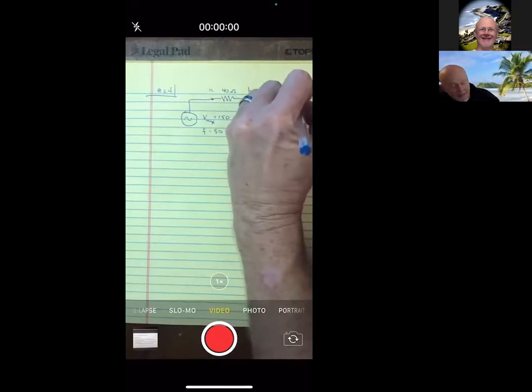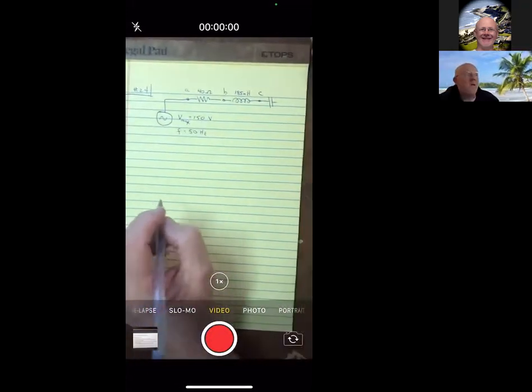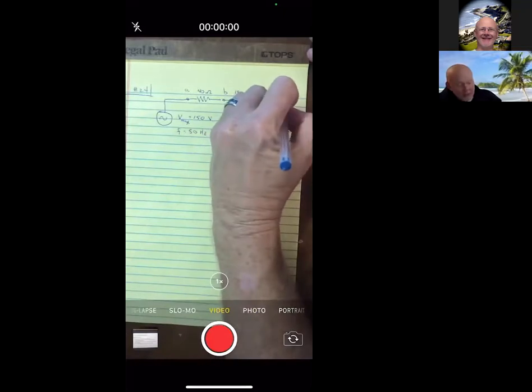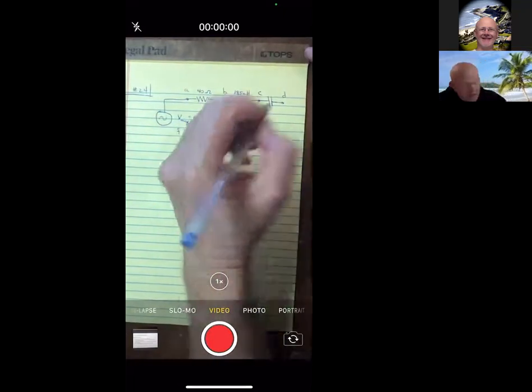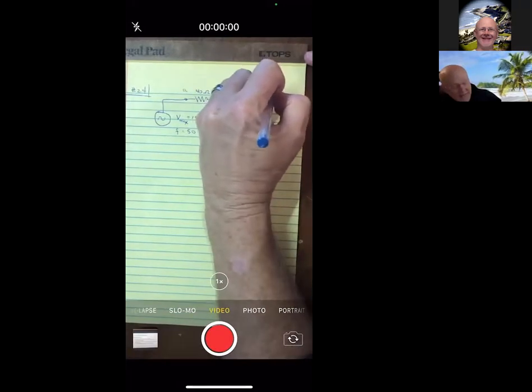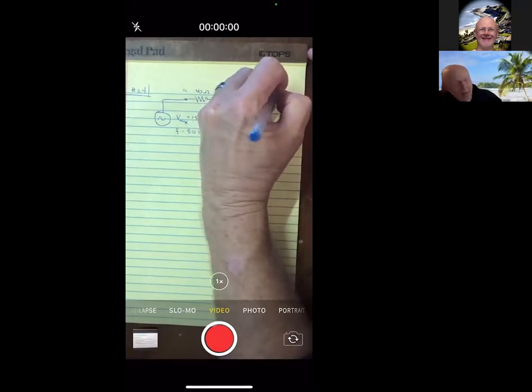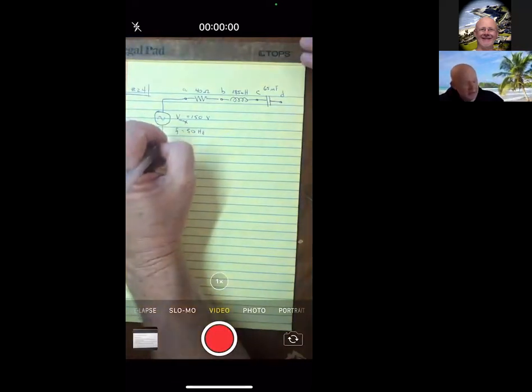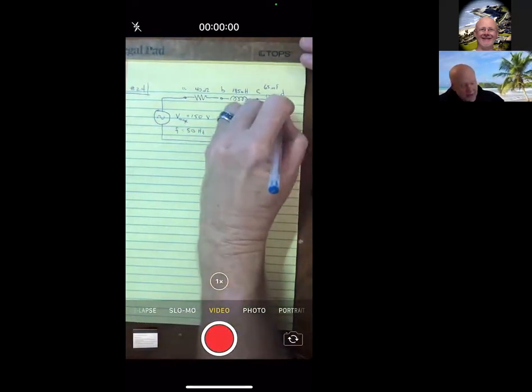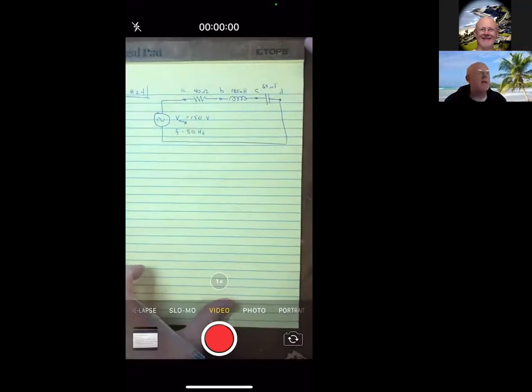Then from C through a capacitor at D, which they list as 65 microfarads. And so they said that the AC source is connected between A and D, so it'd be something like that.